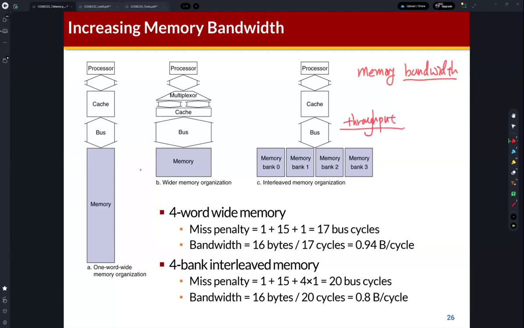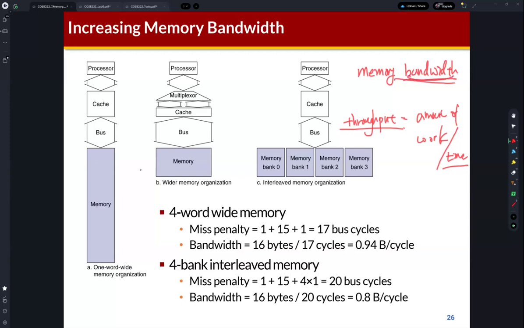When we learned about the performance terminology, we learned about throughput. What is the definition of throughput? The definition is the amount of work done in unit time, right? So this is the definition of throughput.